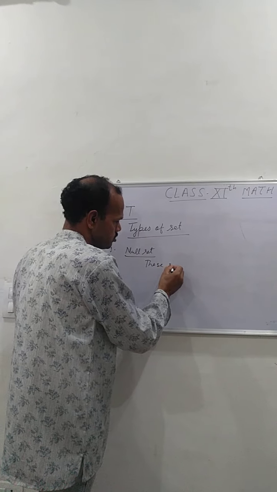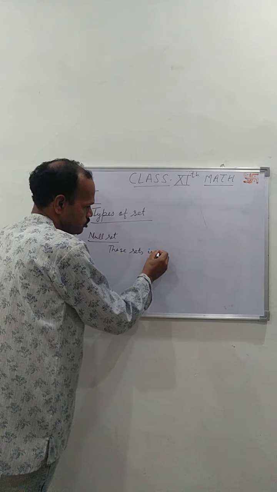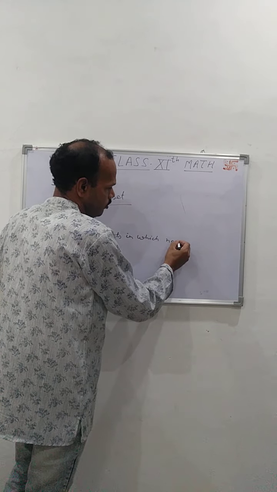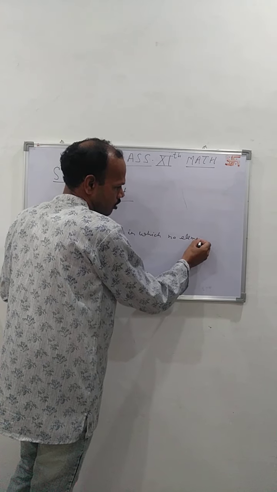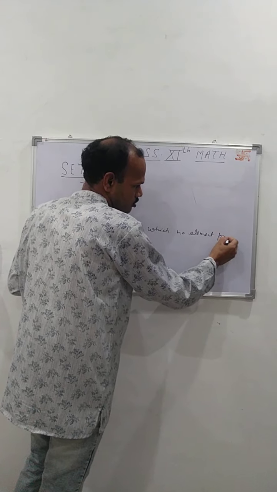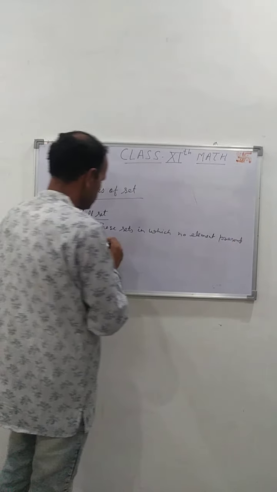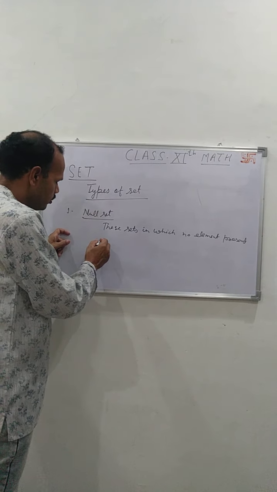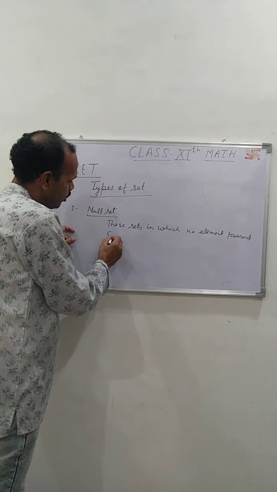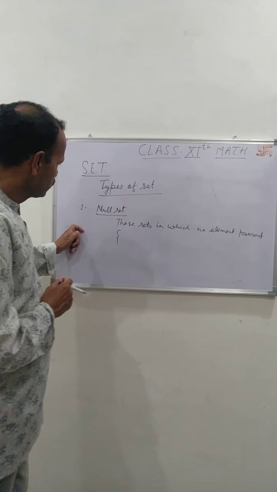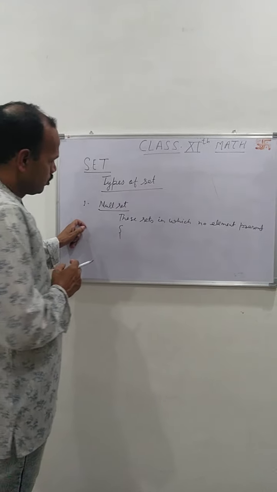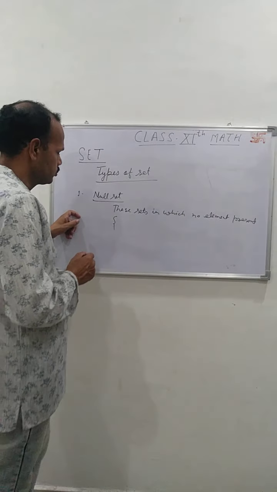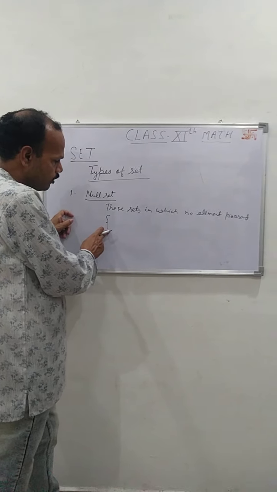Those sets in which no element is present are said to be null sets. For example, we are taking a collection of students in class 11th and 12th. We can represent it in set builder or roster form.